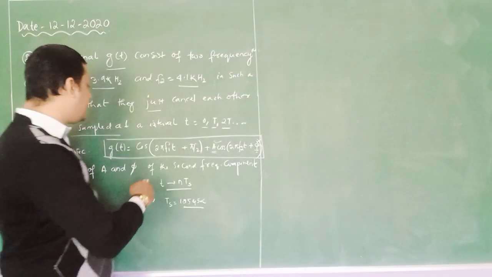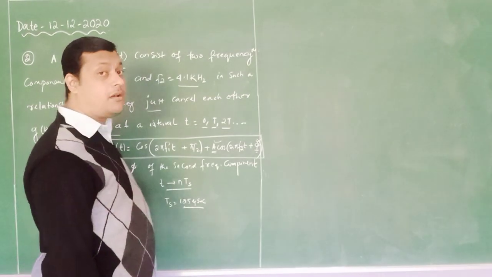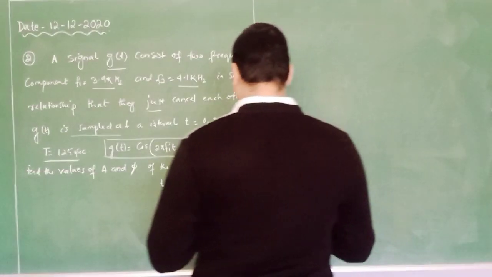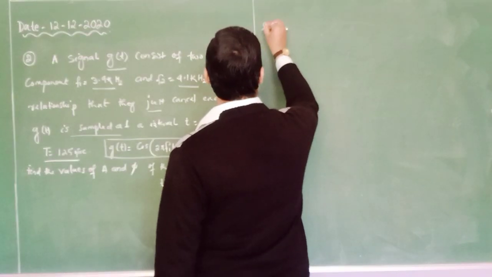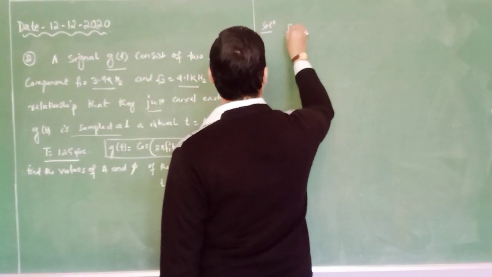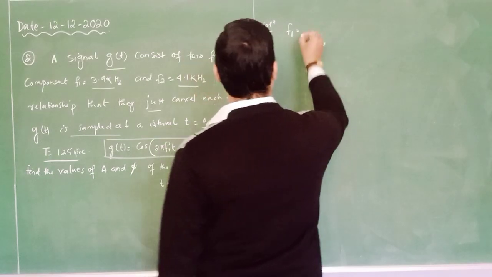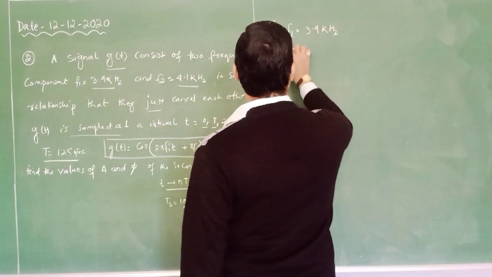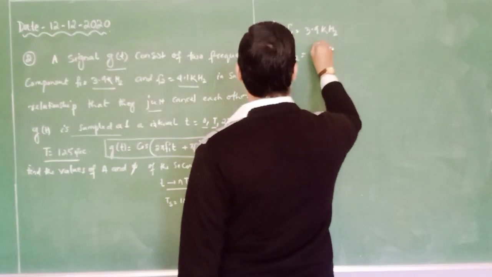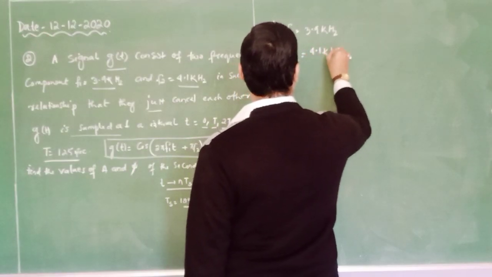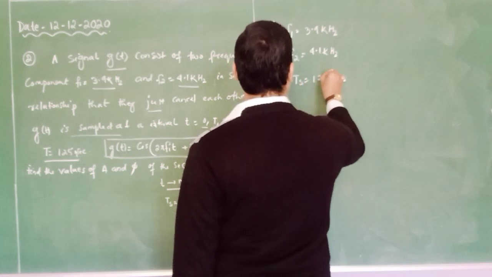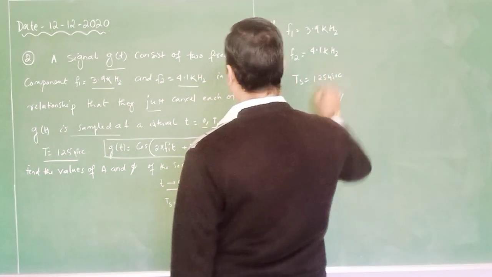Now we need to represent this signal in terms of the sampled signal. So what are the given data? Two frequencies are given: F1 is 3.9 kilohertz, F2 is 4.1 kilohertz, and Ts is 125 microsecond.